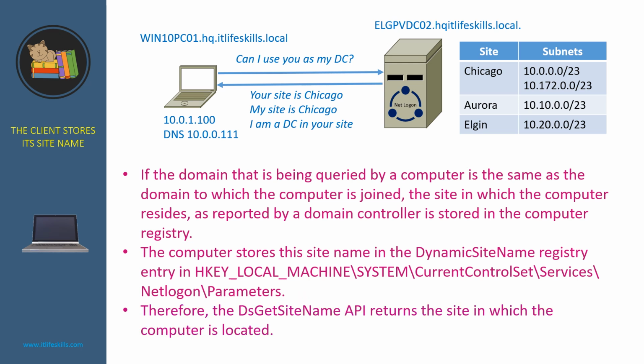Therefore, the DsGetSiteName API returns the site in which the computer is located. So in this case, the PC is joined to the domain hq.itlifeskills.local, and the domain that the PC queries is also hq.itlifeskills.local. So it stores the site Chicago in the DynamicSiteName registry entry.